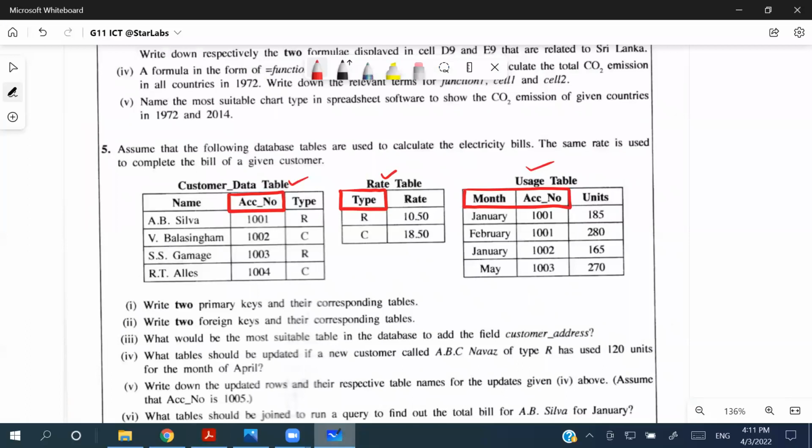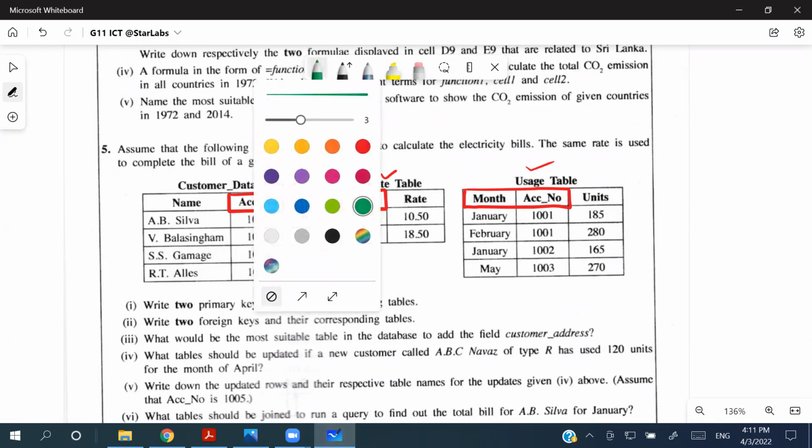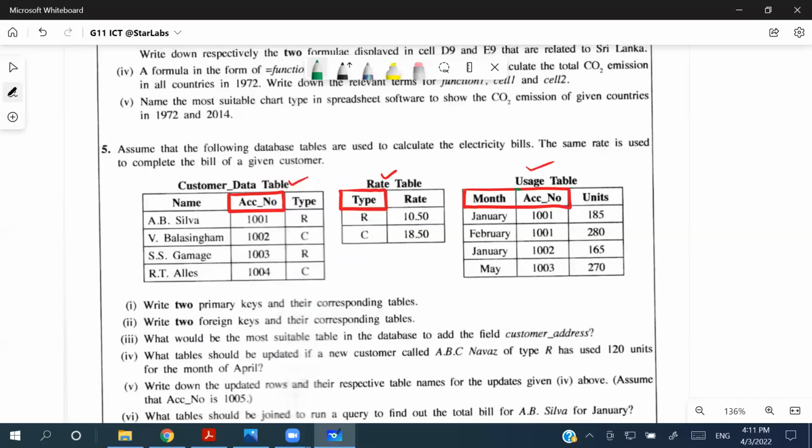And in the next question, it says write two foreign keys and their corresponding tables. Now, when it comes to the foreign keys, this account number in the usage table is going to be a foreign key for this particular table.